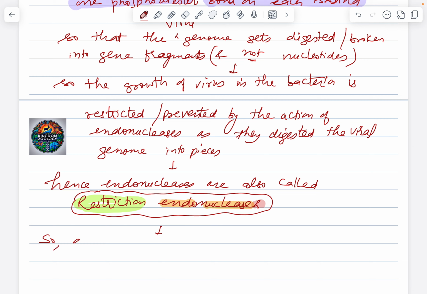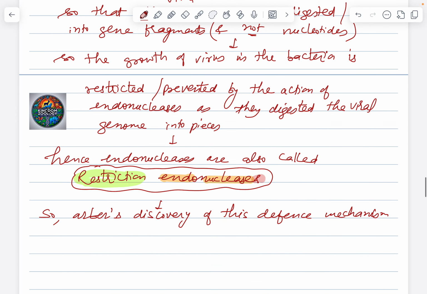So Arber's discovery of this defense mechanism in the bacteria paved the way or showed the way for what?